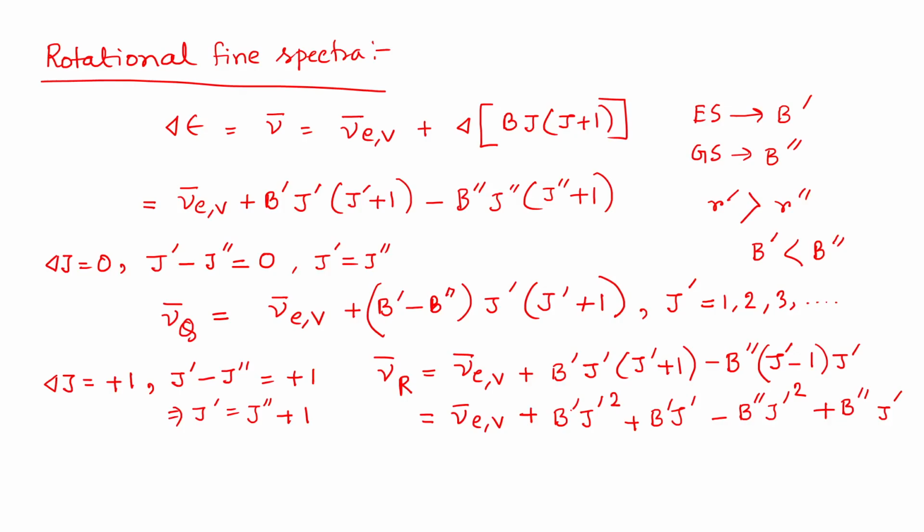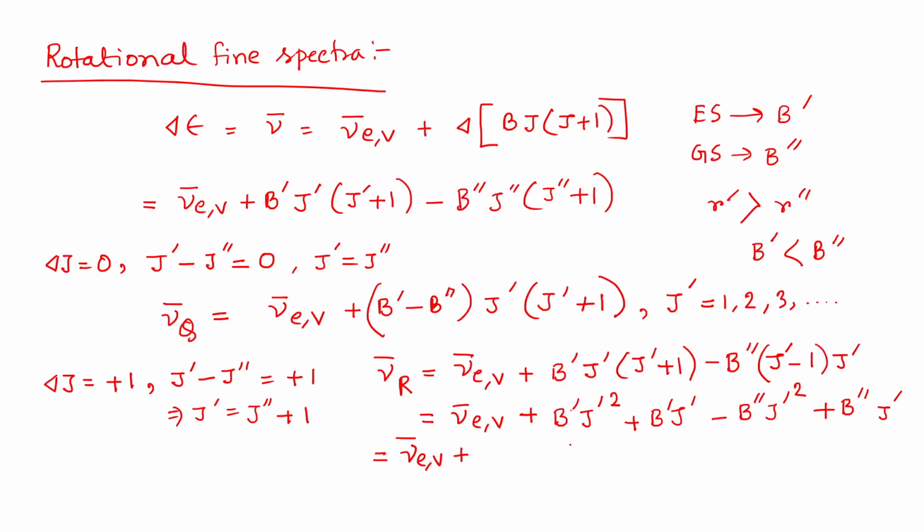Let me check once. If you are converting into J dash or J double dash, it doesn't matter. You have to convert all these things into J dash or maybe only J double dash, any one of them.